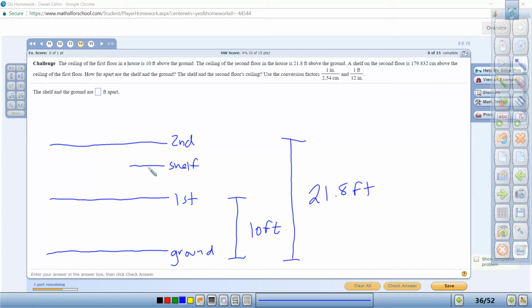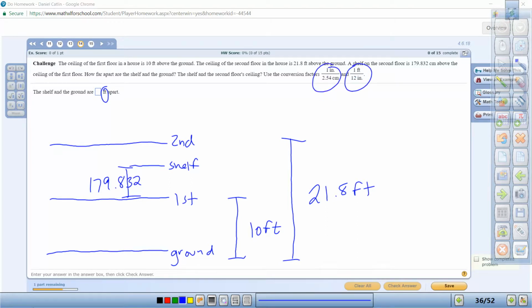And then this is the part that kind of makes this a little challenging. It gives you this distance in centimeters, and it gives you a very strange decimal. All right, and the first question wants to know, how many feet apart is it from ground to the shelf? Well, we've got to figure this out in terms of feet, right? And they give you some helpful conversions here.